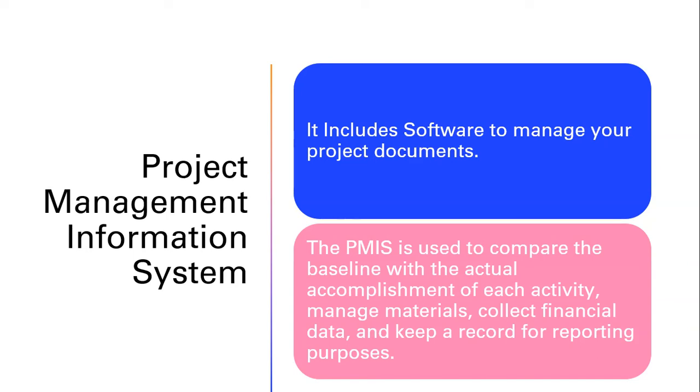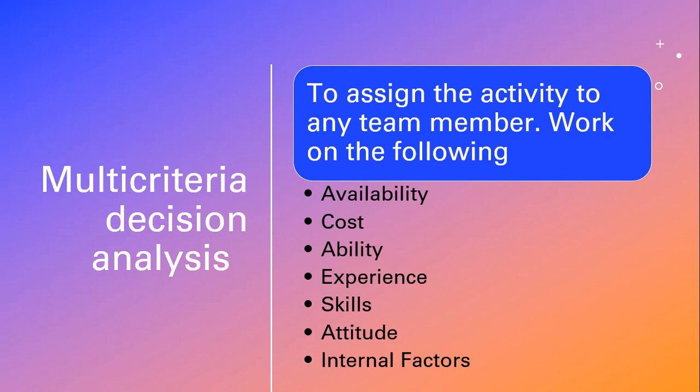Acquire resource is the process of obtaining team members, facilities, equipment, materials, supplies, and other resources necessary to complete project work. It has four tools and techniques: decision making, interpersonal and team skills, pre-assignment, and virtual team. So let's talk about the first tool and technique, which is called multi-criteria decision analysis.